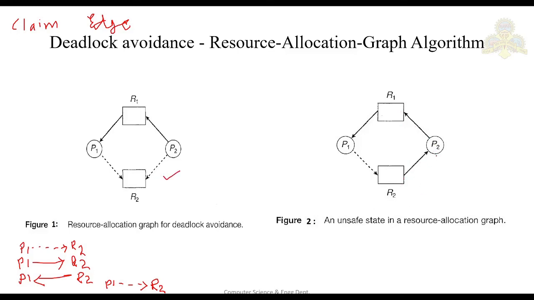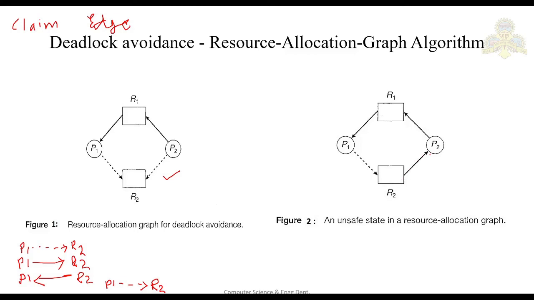Now that same claim edge has been converted into a request edge. That means your process P2 has actually requested the resource R2. So your operating system first checks the condition of R2. It understands that R2 is free. Now the same request edge would be converted into an assignment edge. That means from R2 you have an assignment edge to P2.